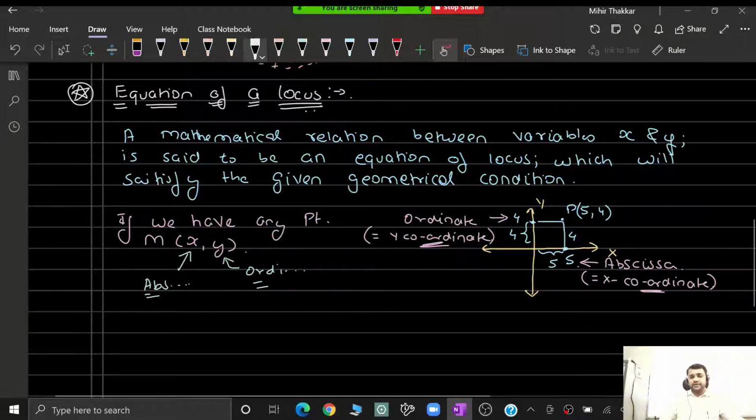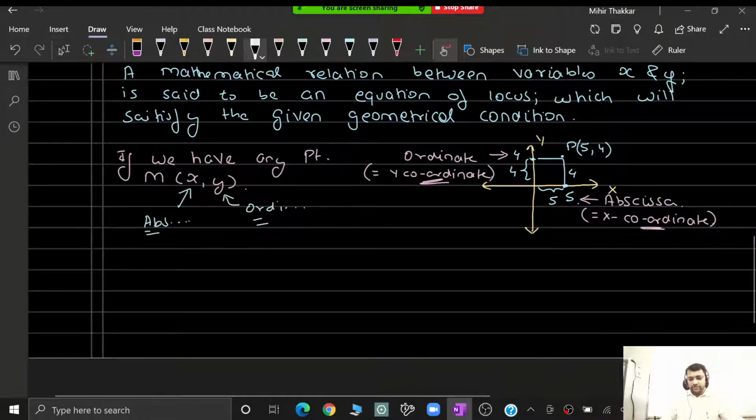That is what we have to remember. Now let me take a simple example to understand what is the equation of a locus.